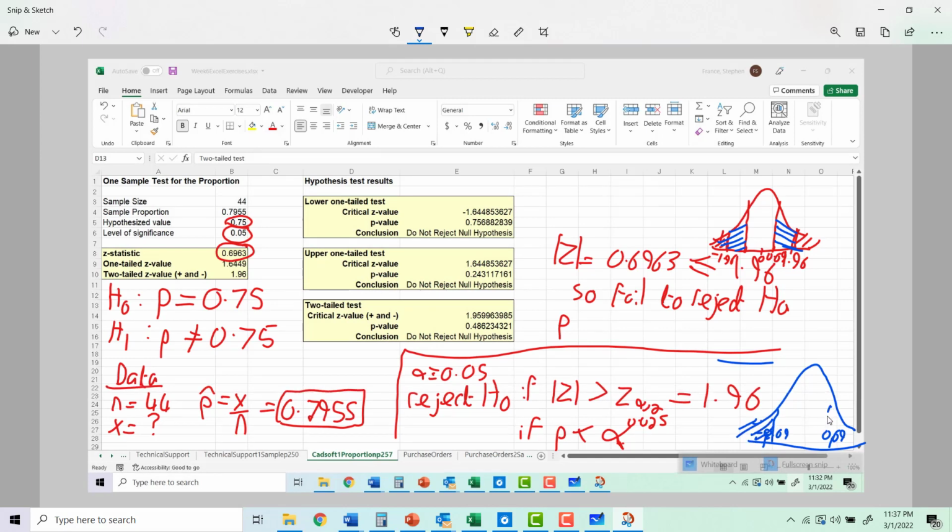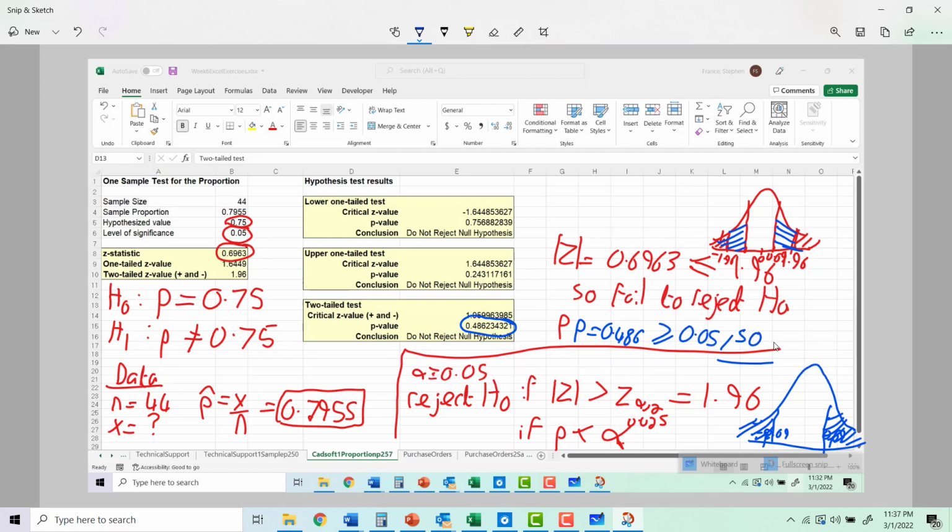And the p-value is basically the area more extreme than that, which is a lot bigger than the actual alpha. So we can also say that p equals 0.486, which is greater or equal to my alpha 0.05.